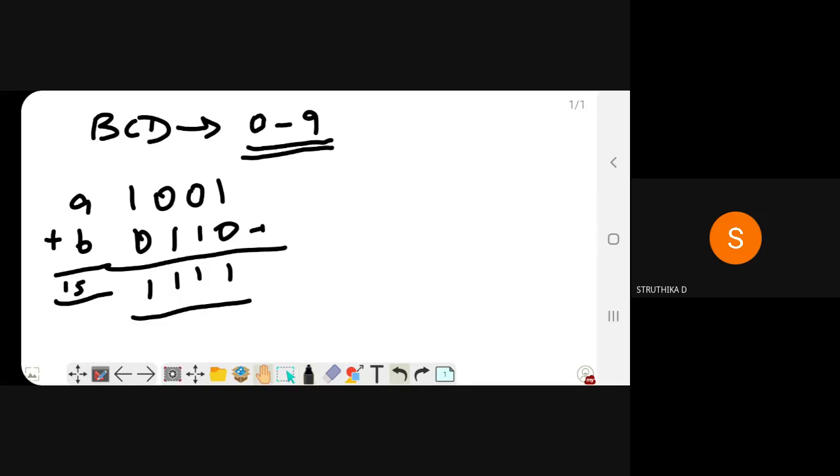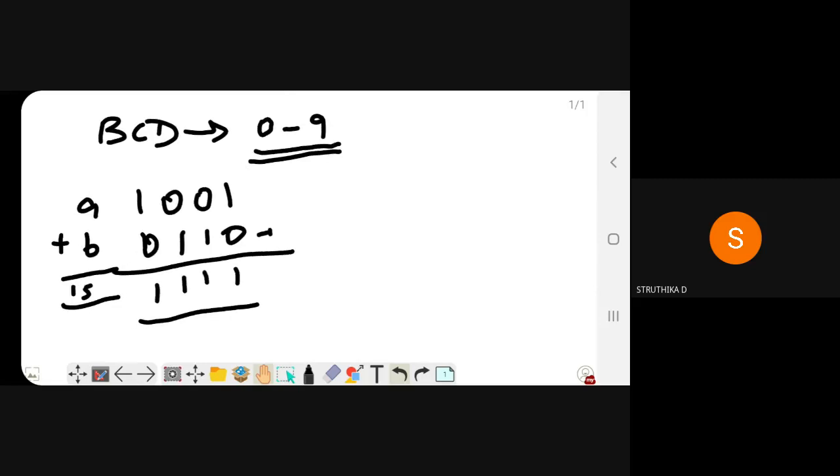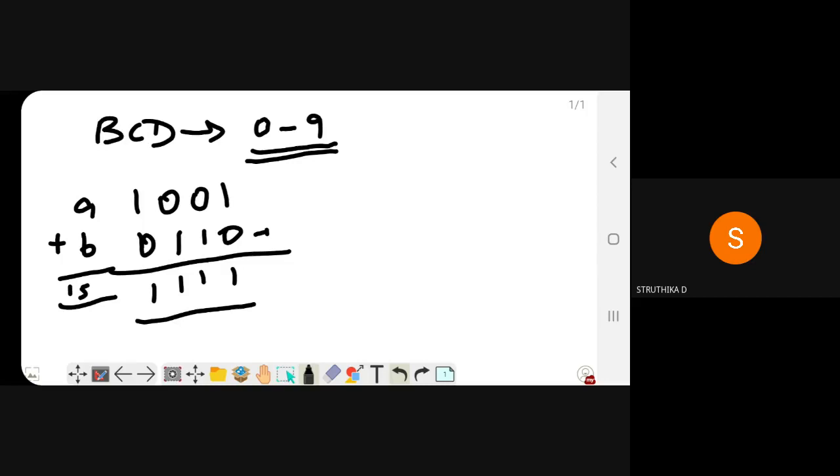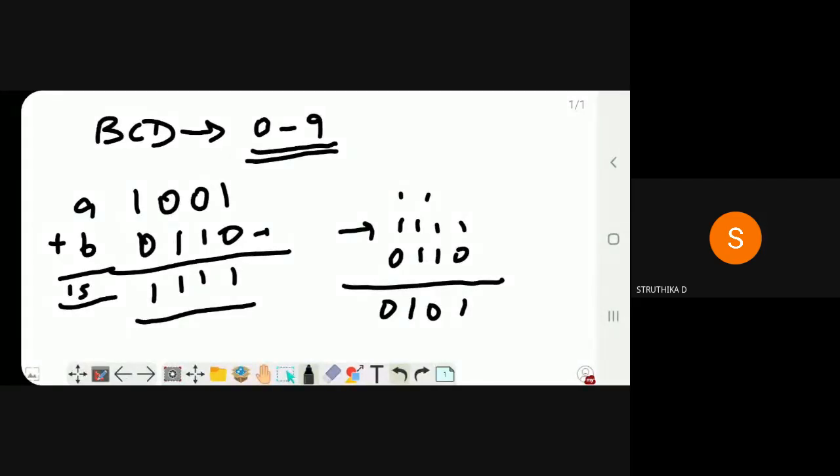So I want to add 6 with the non-BCD number to get its equivalent BCD value. So I'm going to add 6 with the result. 1 plus 1, 10; 10 plus 1, 11; 1 plus 1, 10, so 0 and carry 1. Carry 1 here.